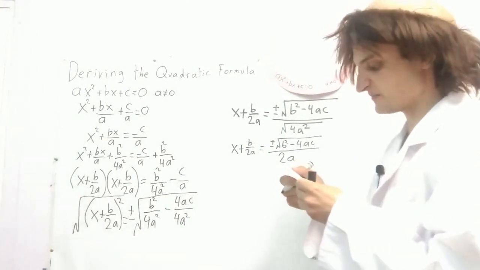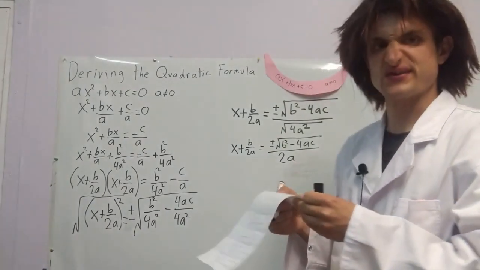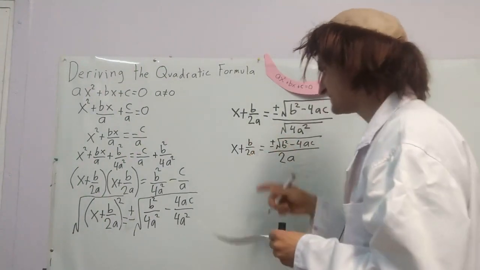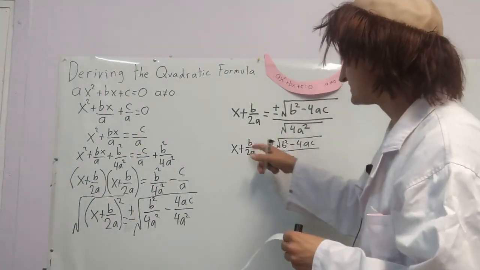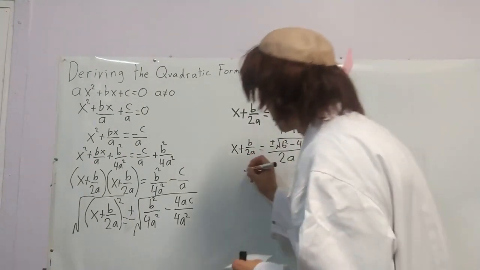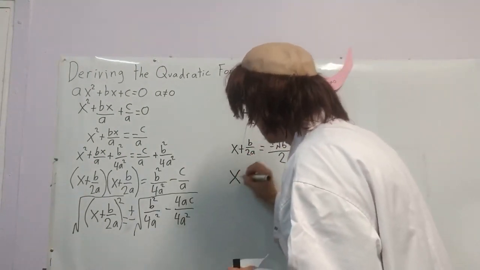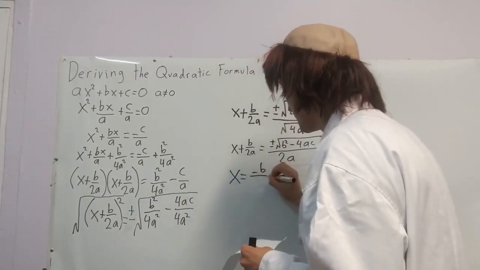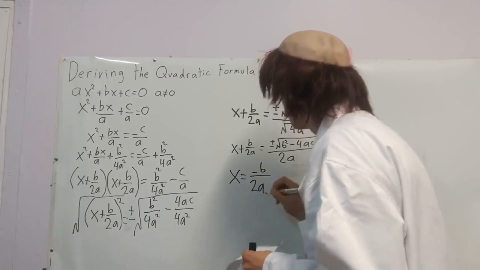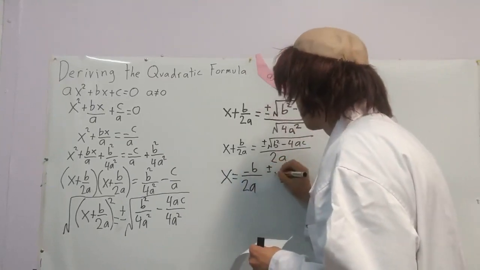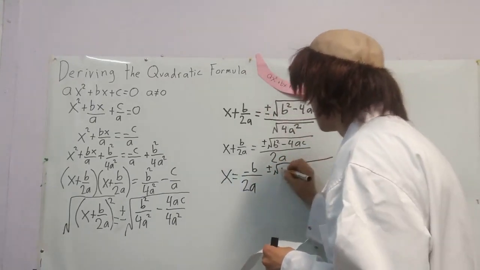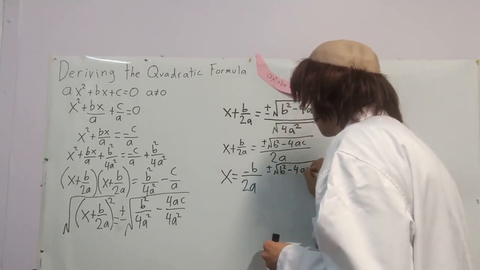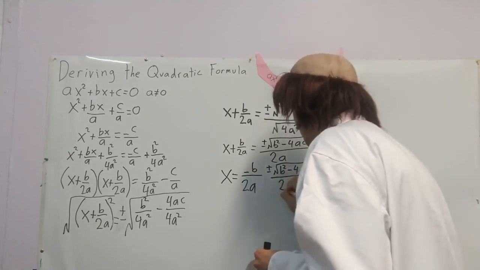The constant term on the left needs to be moved to the right. This must be the constant term. It doesn't have an x. Let's subtract it from both sides. We get x equals negative b over 2a plus or minus the square root of b squared minus 4ac over 2a.